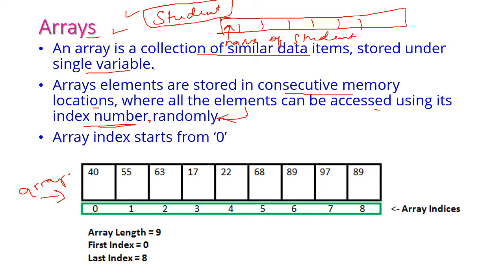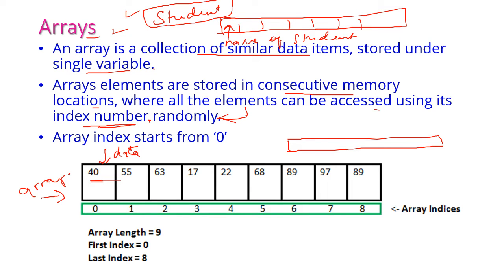Here, the numbers, these values, are called array data. The array data will be stored continuously. That means the memory allocated for the array is continuous.